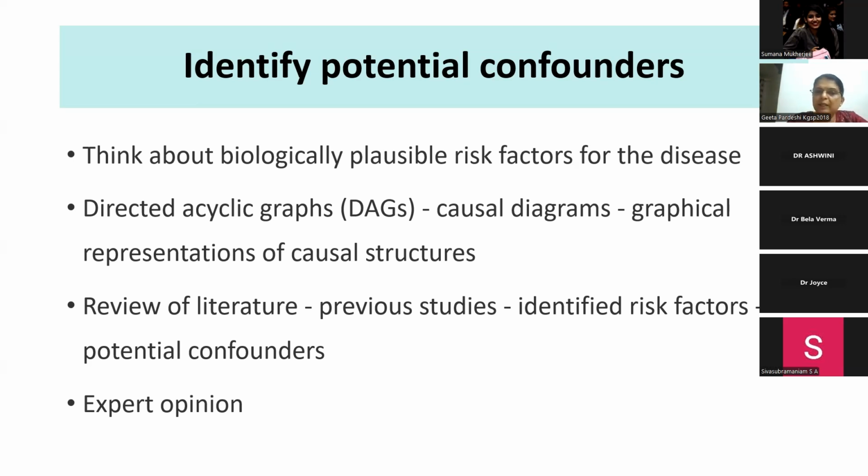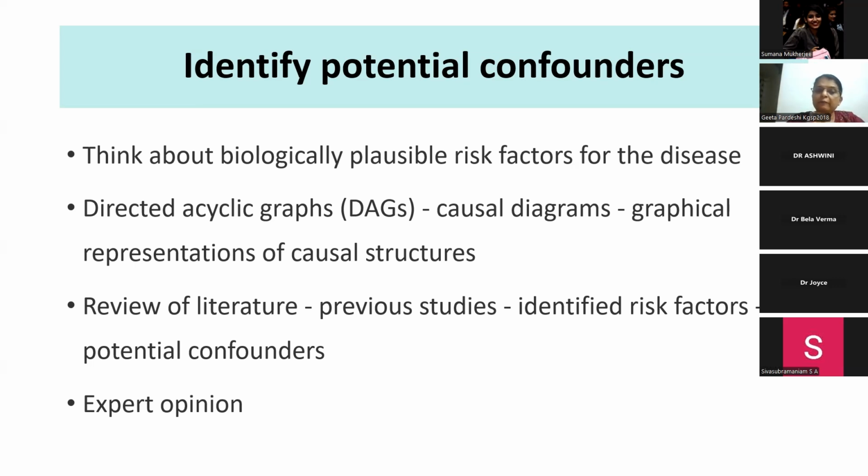These diagrams are graphical representations of causal structures, of the causal linkages, which give you clarity about what your exposure is, what your outcome is, what other variables are important for this relationship, and which of these variables could be confounders. This is again a very interesting and separate topic, DAGs, which are used in a very big way nowadays. But this gives clarity to your research question.